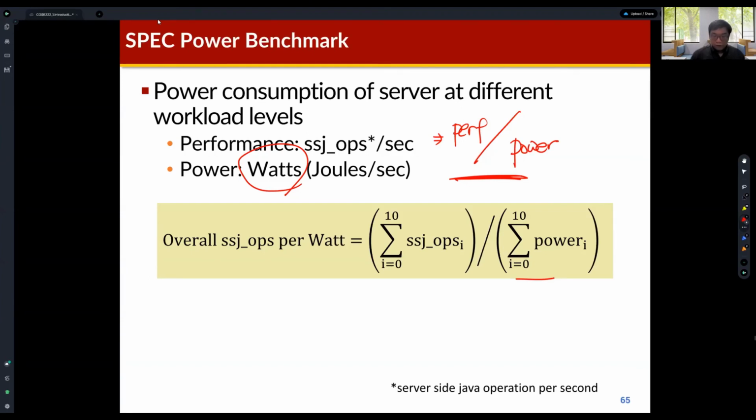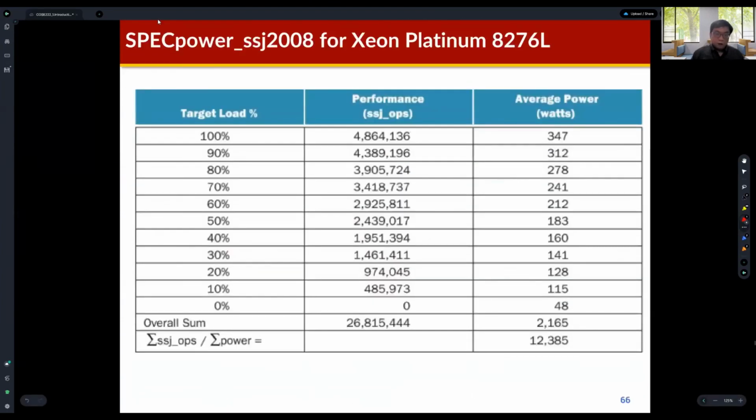Then how can you calculate the power consumption of a server CPU? The interesting thing is that this row represents the workload level. 100% means that 100% of the CPU resources are used for running this workload.